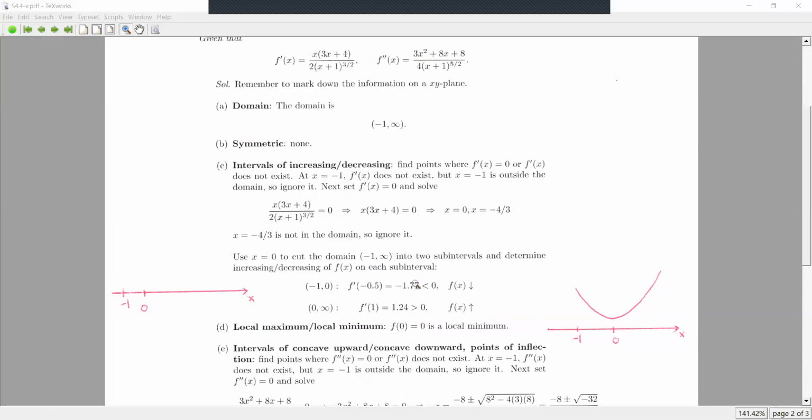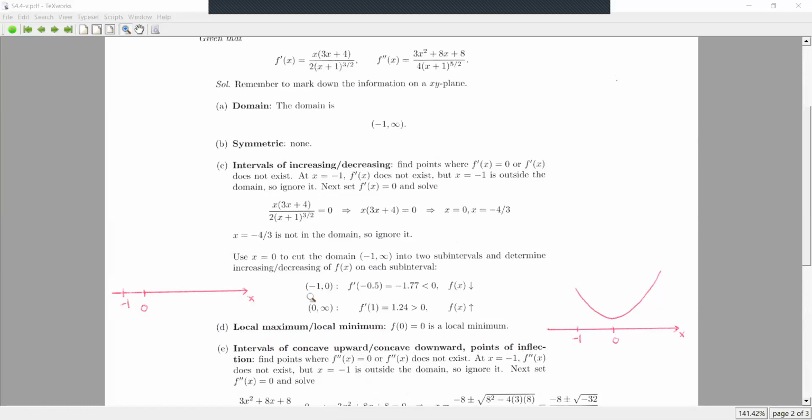After we have increasing, decreasing information, then we can tell local maximum, local minimum. Here, I roughly sketch the graph of the function f. Not accurately. This sketch is just for answering this question. Local maximum, local minimum. Okay.